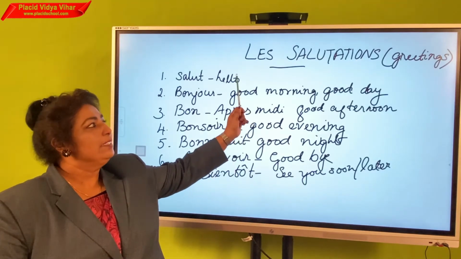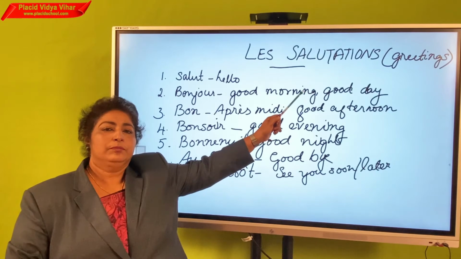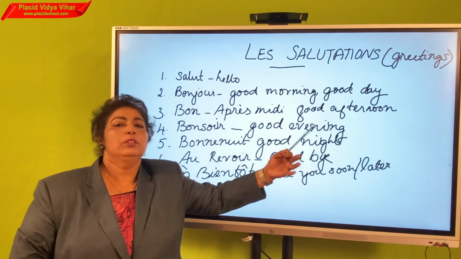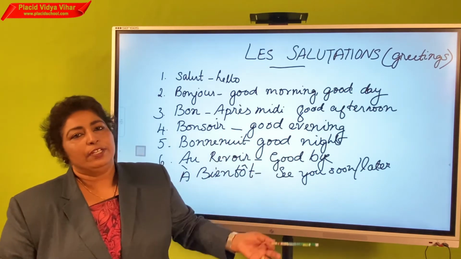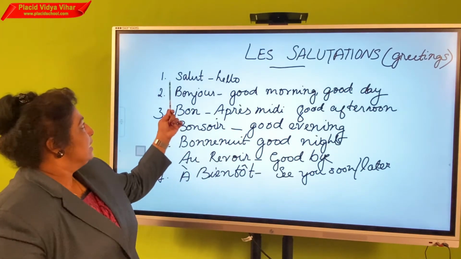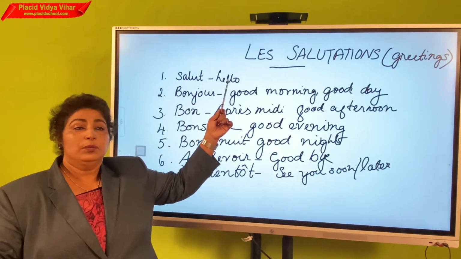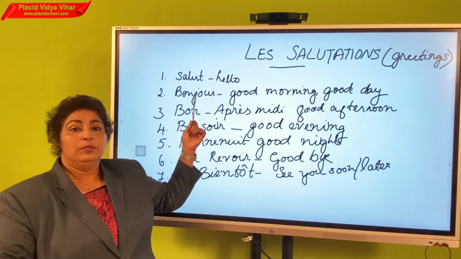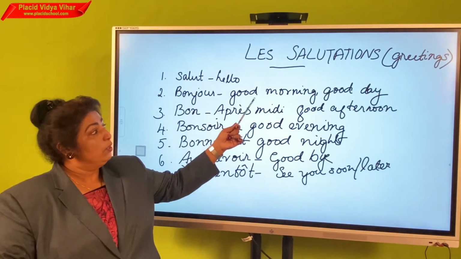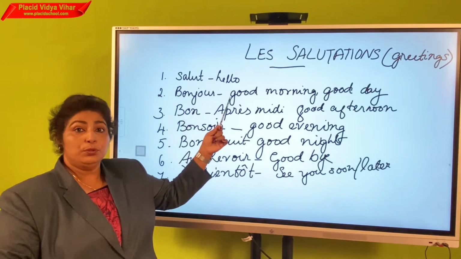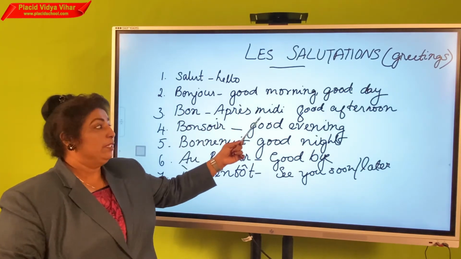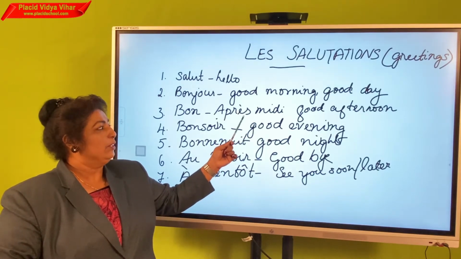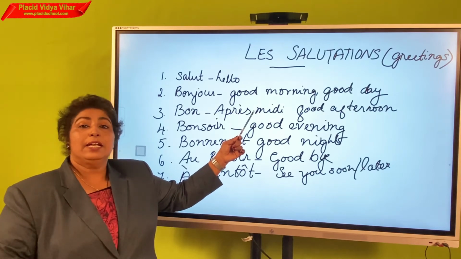Next, we learn some greetings. For example, in the morning when you come to school, how do you greet? Good morning. So what do you say in French? Bonjour. Salut, hello. Bonjour, good morning, good day. Bon après-midi. This S is silent. You know why? Après is ending with a consonant and midi is starting with a consonant.